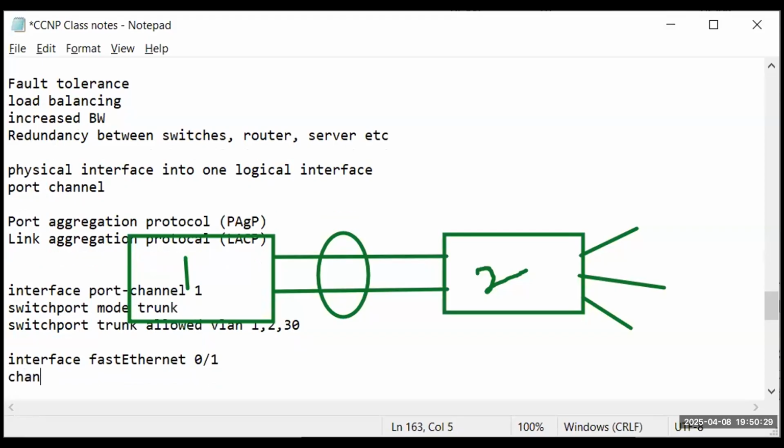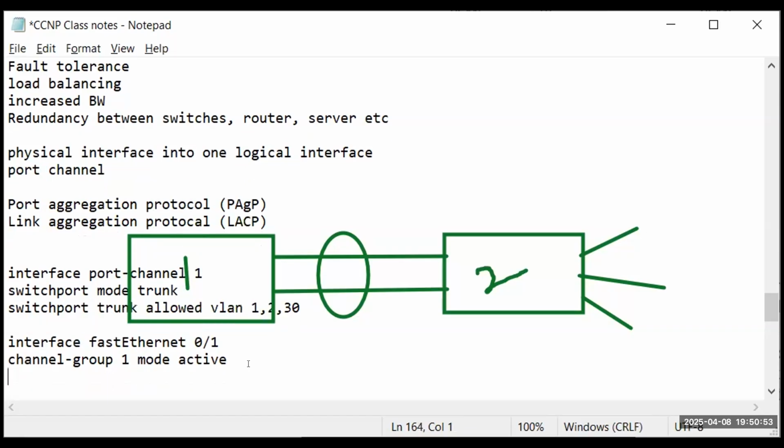There you call this logical interface: channel-group 1 mode active. Sorry, group 1, because the port channel we have described there is port-channel 1.